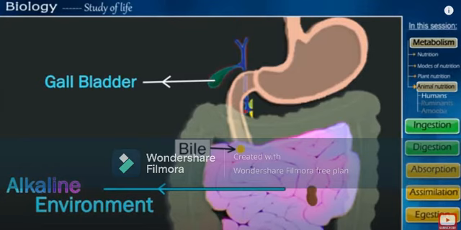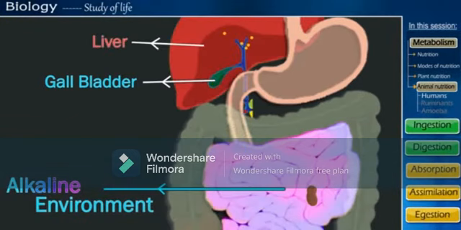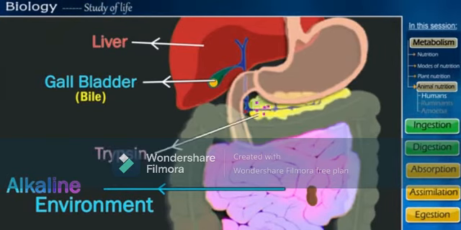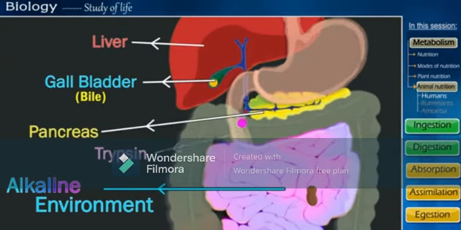Then bile is secreted, which makes the intestine alkaline. It is secreted from the liver, stored in the gallbladder, and then passes to the intestine. Along with it, enzymes are secreted by the pancreas, and these help in further digestion of food. The pancreas secretes enzymes, including one that digests the fats present in the food.